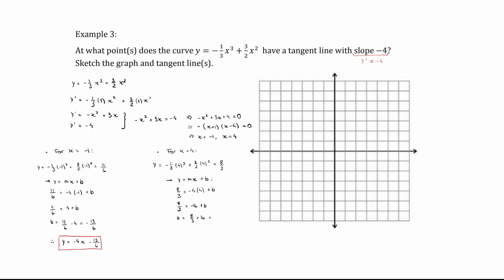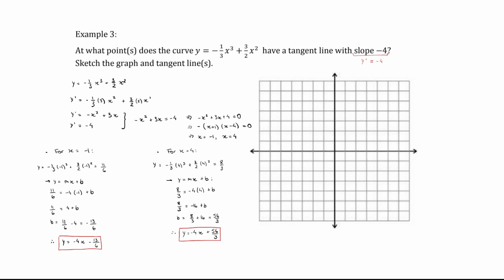So putting all of this together, y is equal to negative 4x plus 56 over 3. And these are going to be the two equations of the tangent lines with a slope of negative 4. So now let's graph this, let's sketch it.